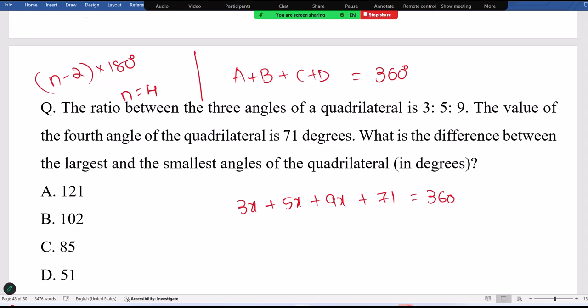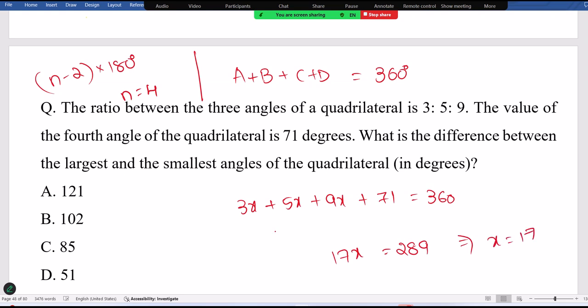Now, for largest and smallest, we have to see which is smaller. Whether 71 is largest or smallest, we have to decide. Now if you go ahead with this, 71 removed from 360 is 289, and this is 17x. X value is 17.